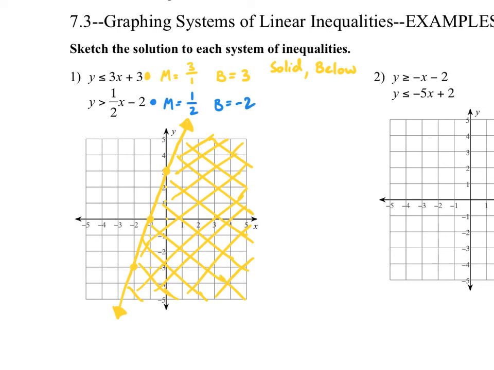All right, it is still going to be a dashed line. So I do know it will be dashed, but let me replot those points. I'm at -2, so then it's up 1 over 2, up 1 over 2, or it could have been down 1 over 2, down 1 over 2.